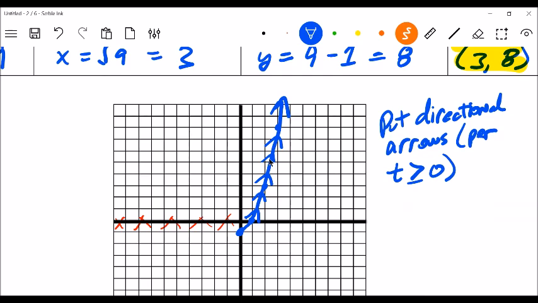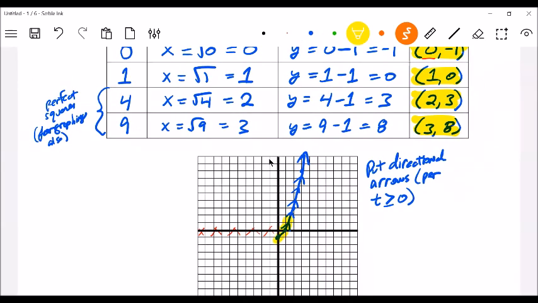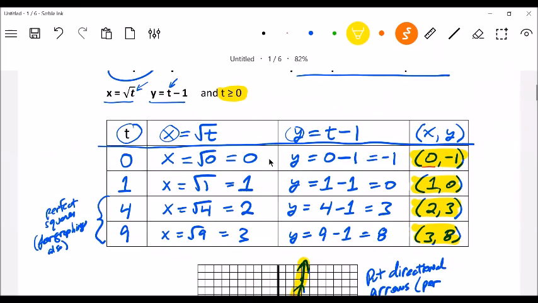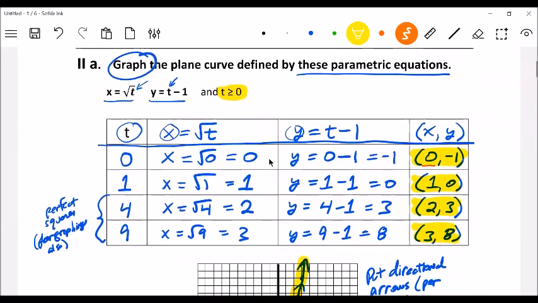And that is then graphed correctly. There's a starting point, and then it continues, but only in that direction. So there's the first example of using parametric equations.